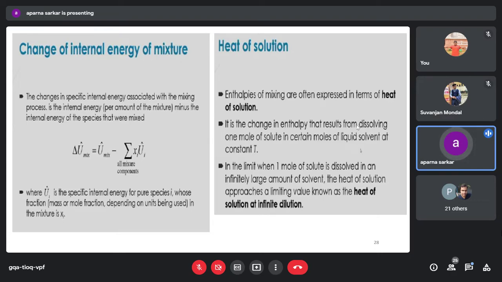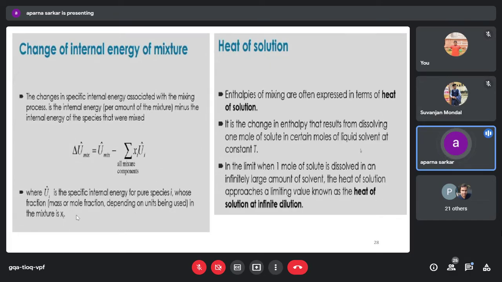Now, the same for internal energy. If it is a mixture, then the internal energy changes. The formula for the specific internal energy change is U mix minus the summation of the specific internal energies of all the mixture components. Here u_i is the specific internal energy of a pure species whose fraction, a mass or mole fraction depending on the units being used in the mixture, is x_i.